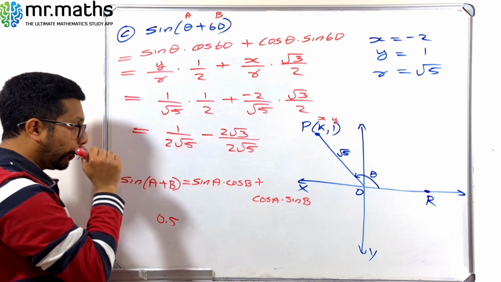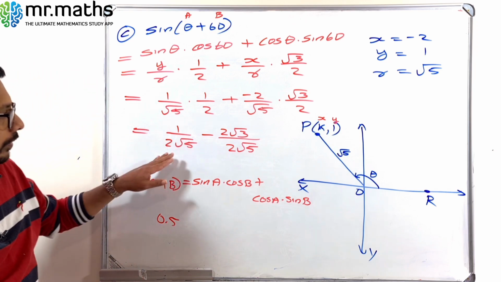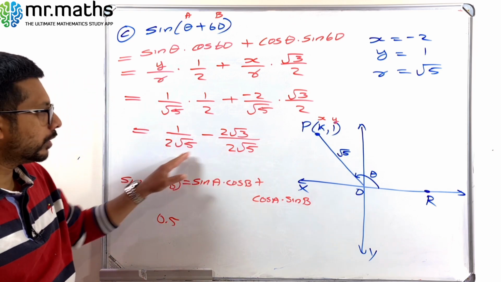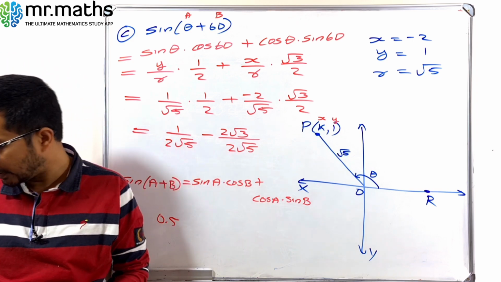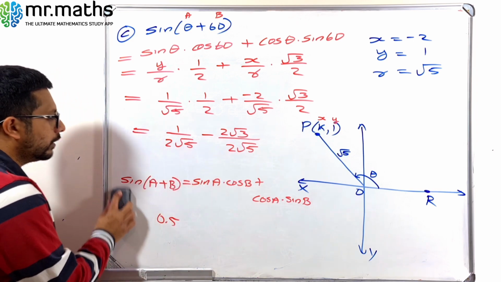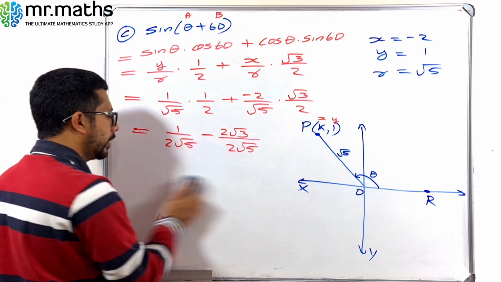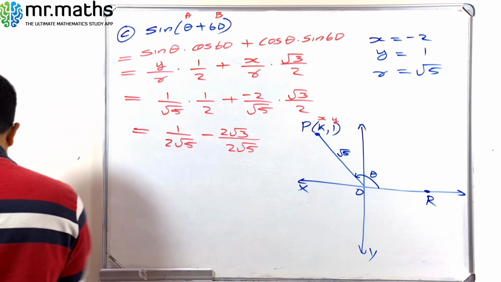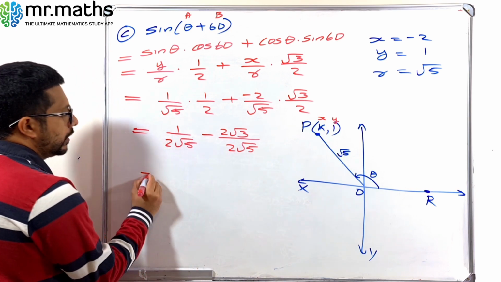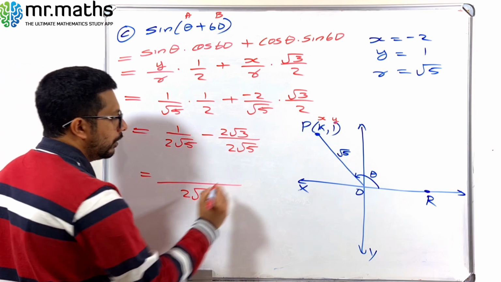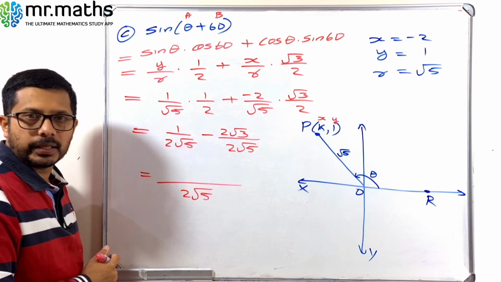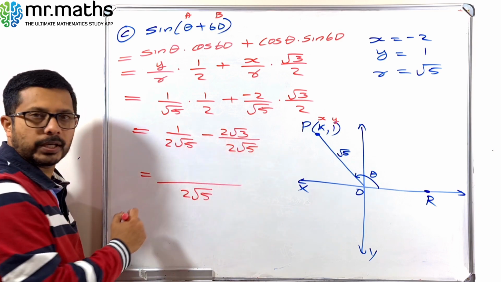Okay, so now look at this one. There are two terms. In these two terms, denominators are the same. That means the LCD is the same, am I right? So we can take the LCD, or LCM, whatever it may be. So 2 root 5 is the LCM. Then since the LCMs are the same, we can just write the numerator as it is.